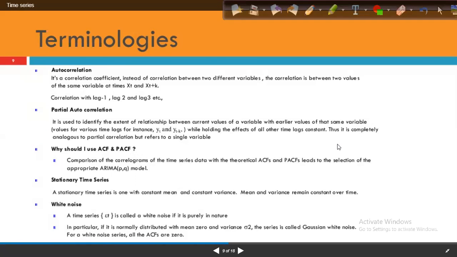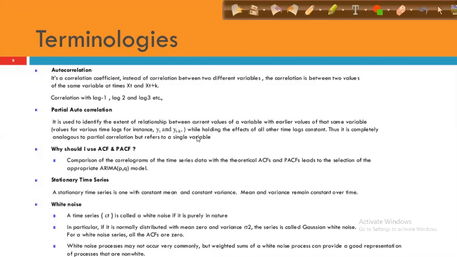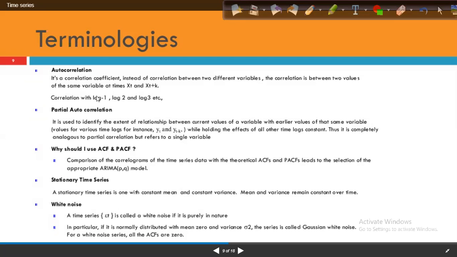It is analogous to partial correlation but refers to a single variable. So between today's price and the day before yesterday's price, some partial correlation is there. With autocorrelation, we check whether there is correlation across the earlier days. That is what we are going to check.